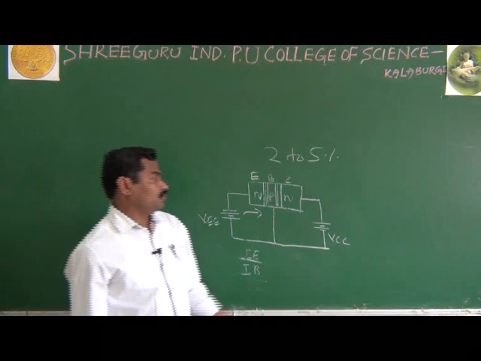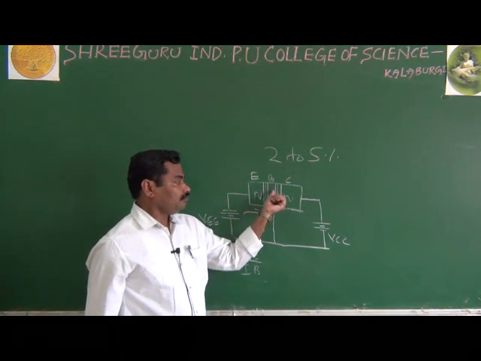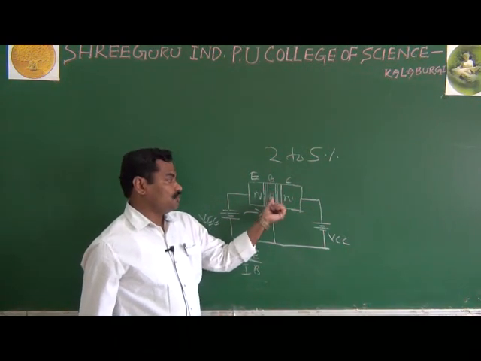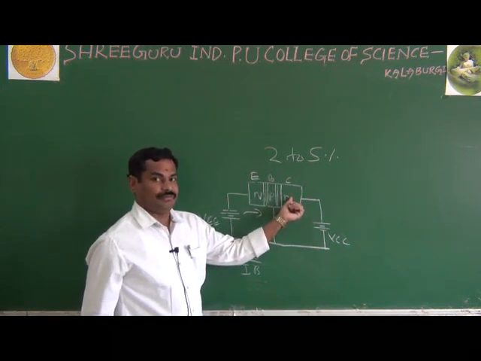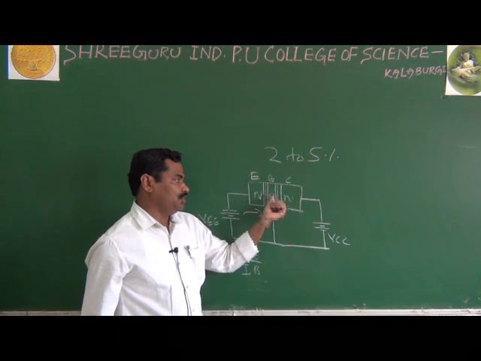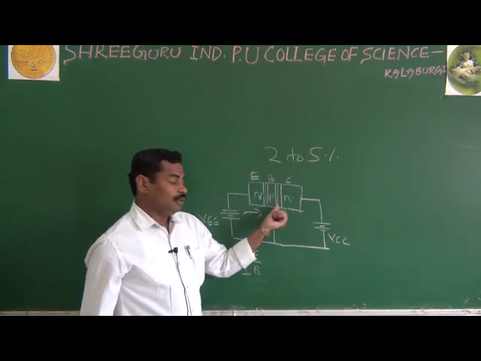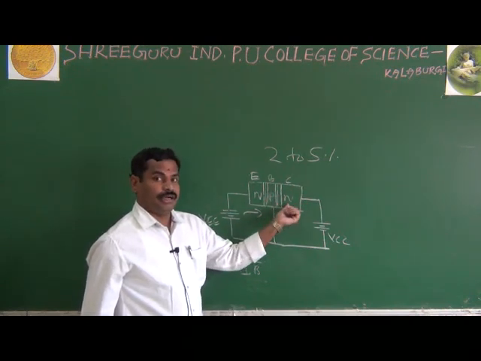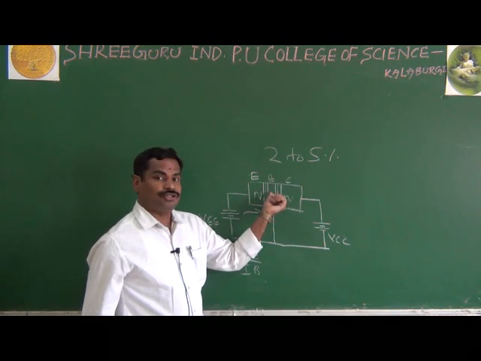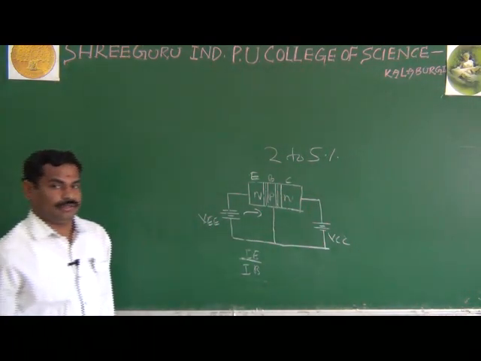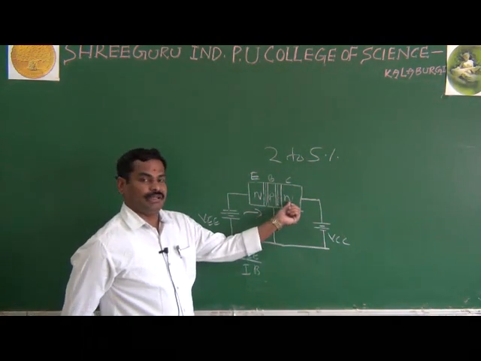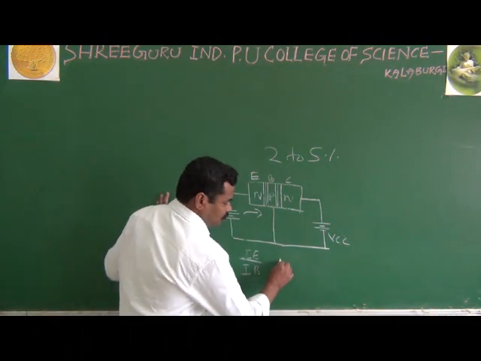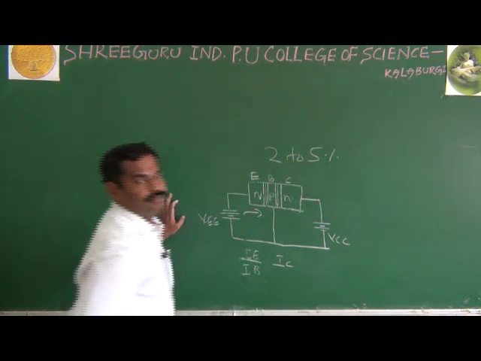In the P region the holes are the majority carriers and the electrons are the minority carriers, and in the output you want the minority current. That minority current, the electrons, moves towards the collector. This moving of electrons from base to collector is the IC, your collector current.